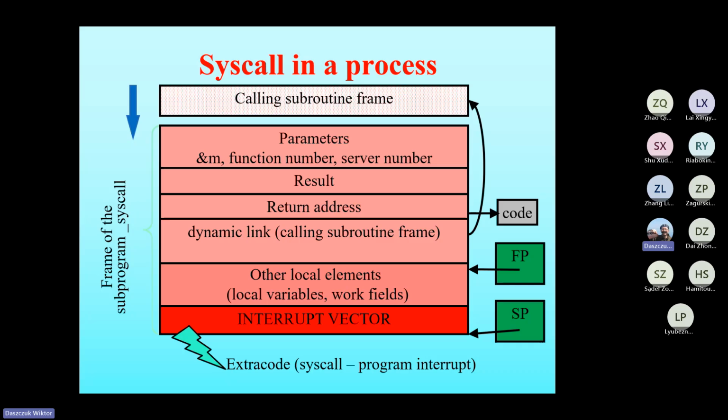Some system calls are served by the kernel itself, because they are related to inter-process relationships. But most of them are directed to the servers. So we have function number and server number, and some structure in which the server, the kernel procedure, can put an answer for us.